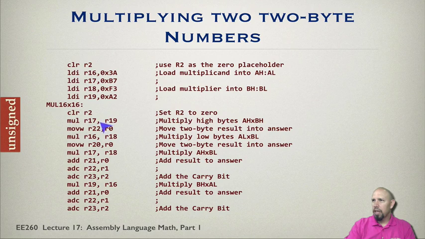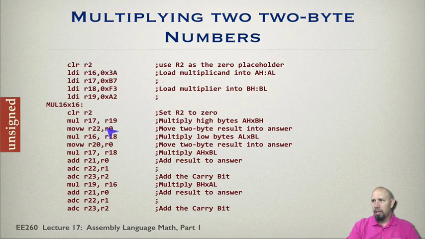So this does a multiplication. So here, I notice I only specify, here I'm multiplying the high bytes together. I'm moving the result. So remember that when you do MOVW, that's actually moving words. It takes the low byte from each register pair.